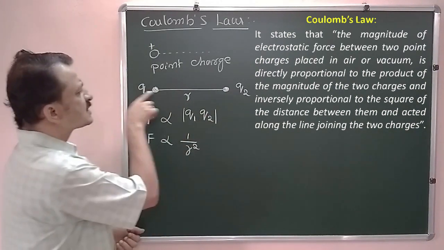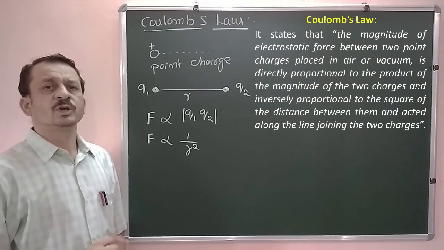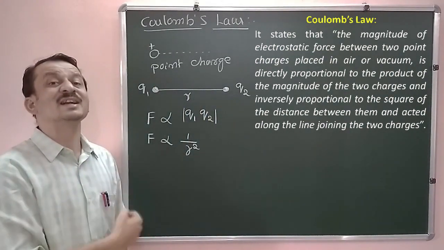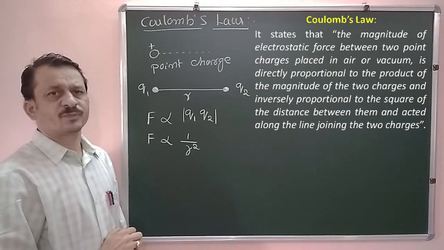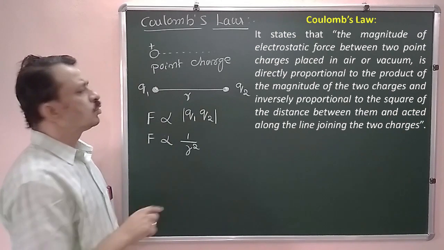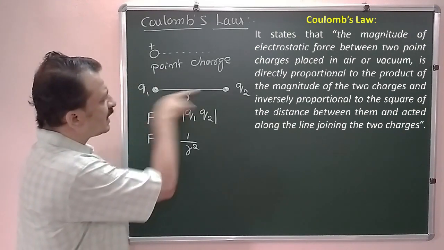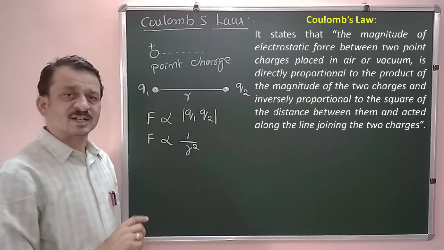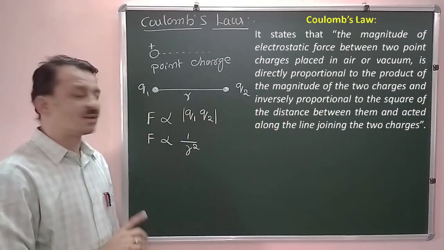It is acting along this line only, so it is called a central force. The meaning of central force is that the force between the 2 point charges acts along the line joining the 2 centers of the charges. Therefore, it is also called a central force.